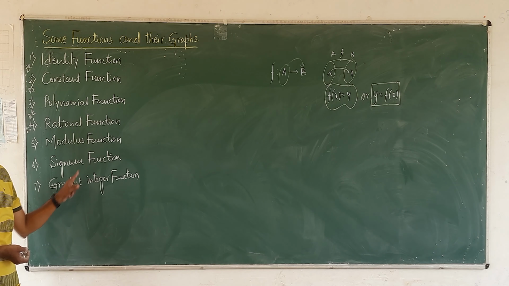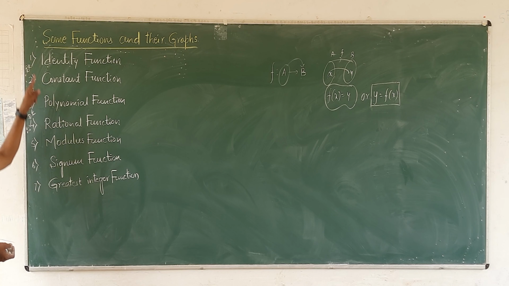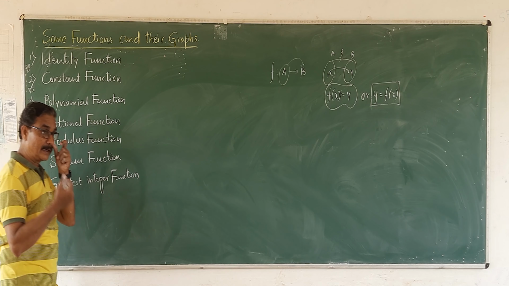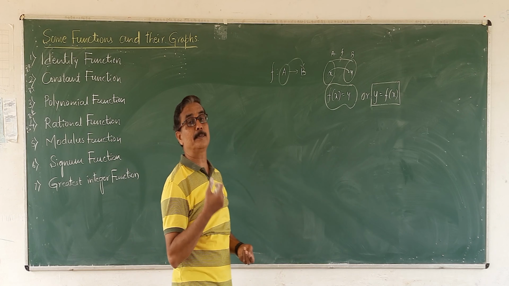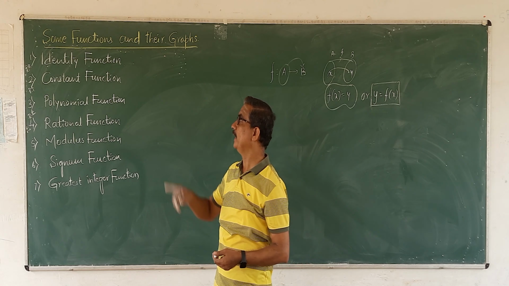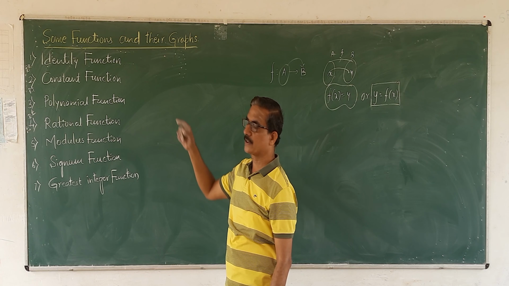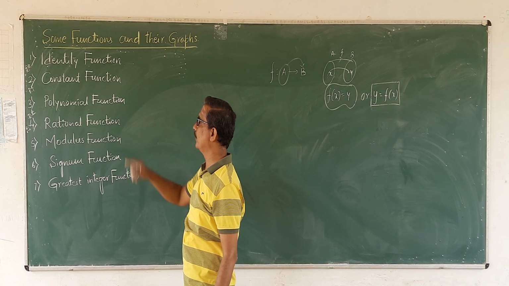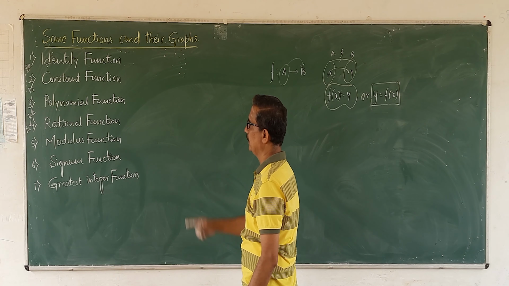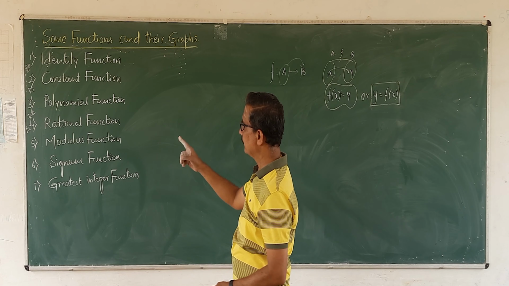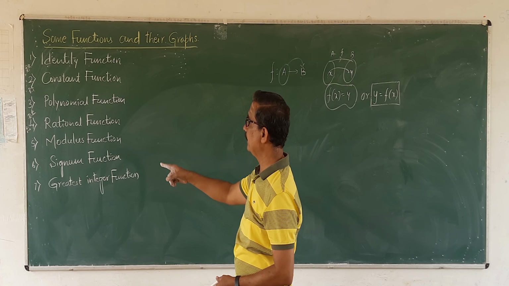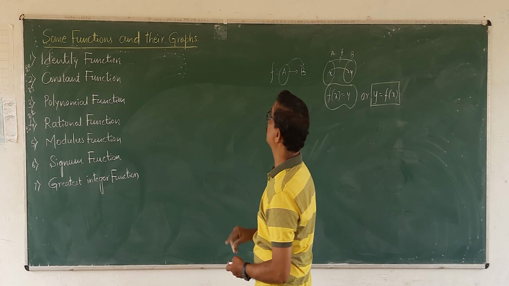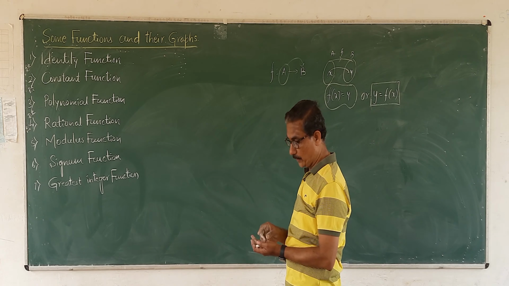Another name is step function. Remember, there are totally 7 important types of functions, namely identity function, constant function, polynomial function, rational function, modulus function, signum function, and greatest integer function. Now let us discuss one by one.